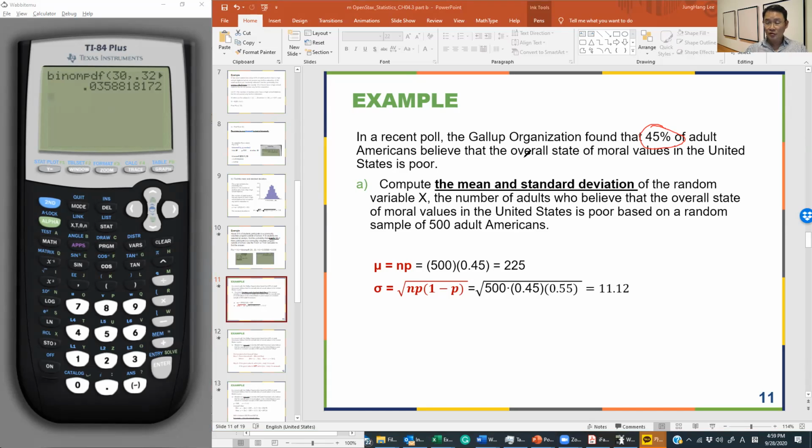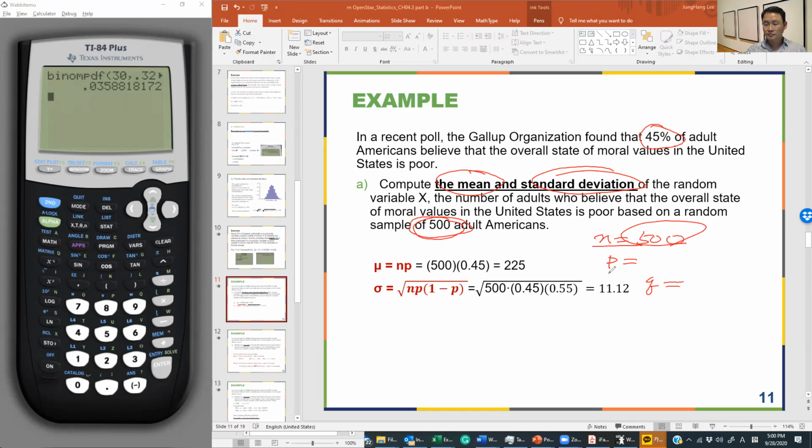Okay, so question A, find the mean and the standard deviation. Meaning find the n, find the p, find the q, and put it in the formula. N, out of how many? Out of 500. So n is going to be 500.